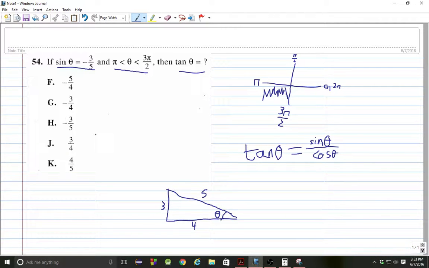The cosine of theta, cosine is negative, remember? So the cosine of theta would be negative 4/5.